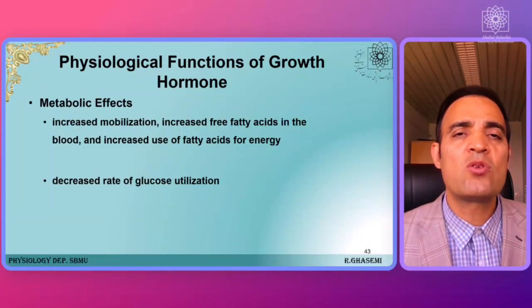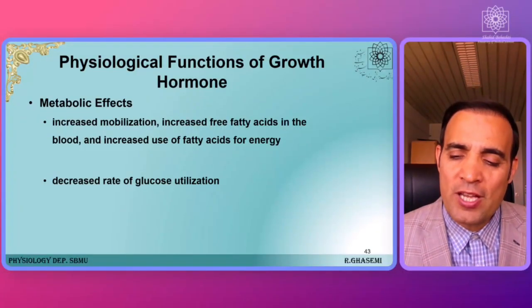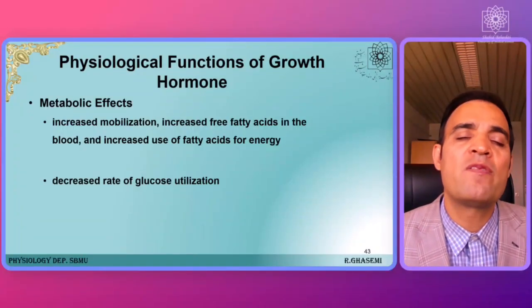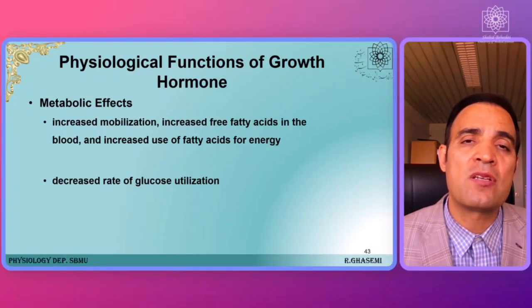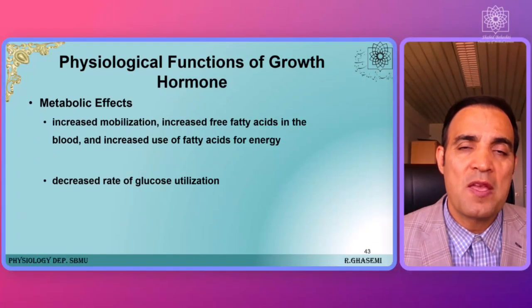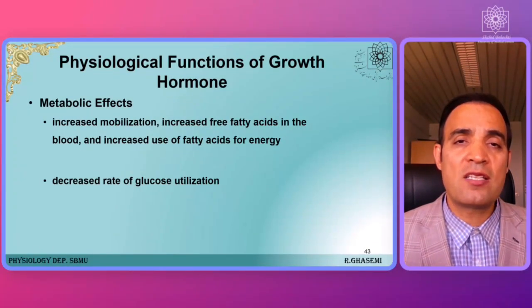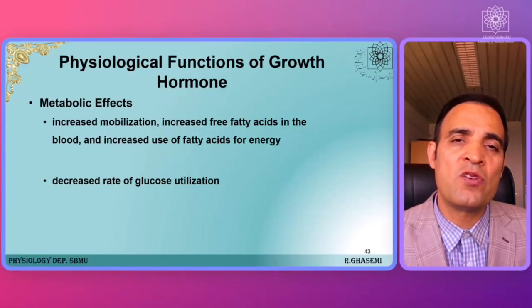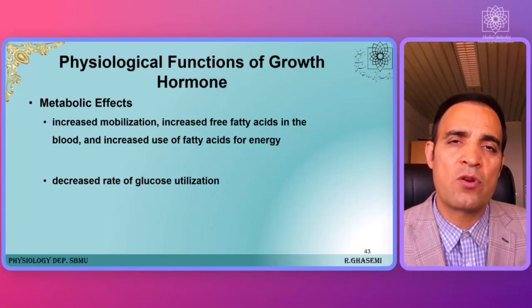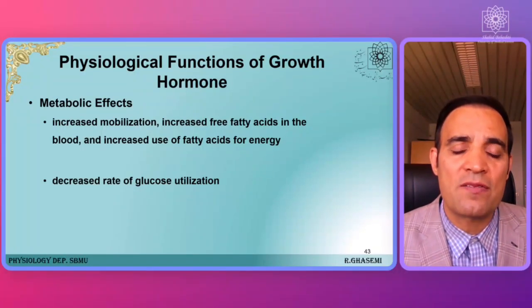In fact, growth hormone is an anti-insulin hormone. It works against insulin. It prevents glucose from being absorbed and used as an energy source, because we know that during growth periods we need lots of energy, and glucose is the primary fuel for the brain. Therefore, it should be reserved.